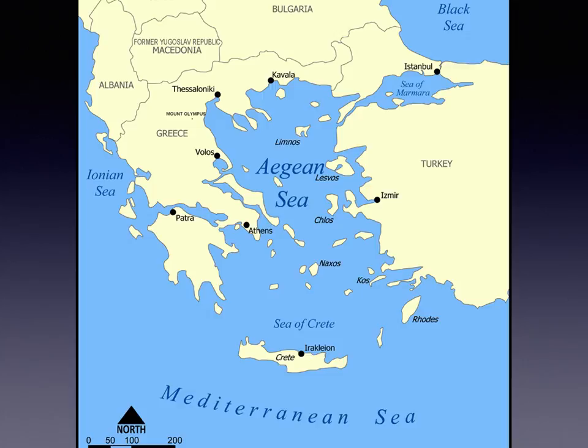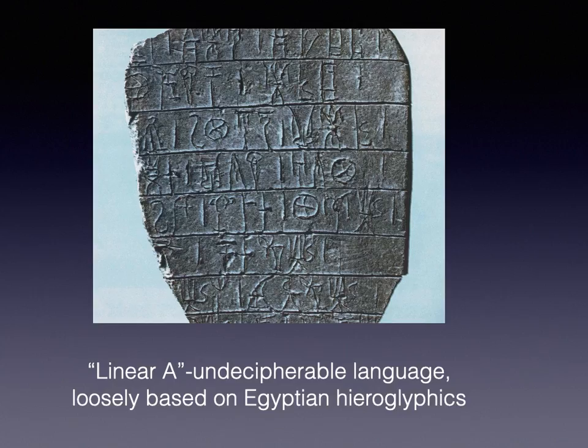There was a major earthquake, a volcano, that wiped out much of that civilization. So when we see items such as Linear A, with its undecipherable language loosely based on Egyptian hieroglyphics, it remains mysterious, and it is implicitly tied to archaeology.